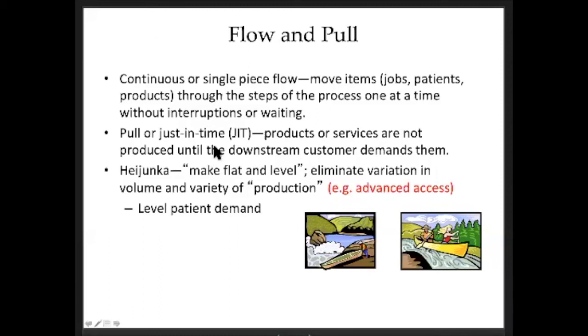And if it's not possible, then you need to find a way to create a certain batch which is small enough. And that's where Kanbans can then help in moving small batches of parts or patients or whatever you are moving forward into the next station. The idea of just-in-time and pull systems, we just talked about that.